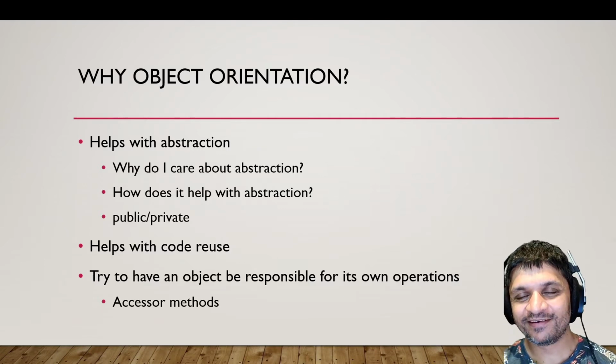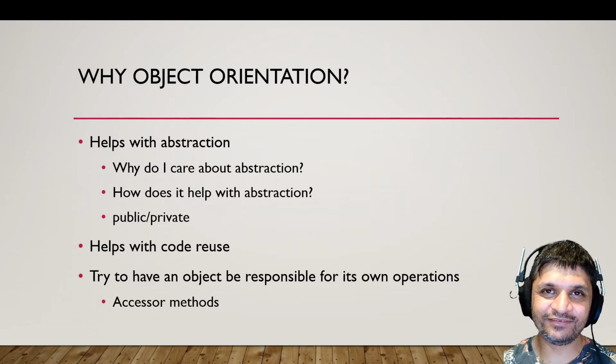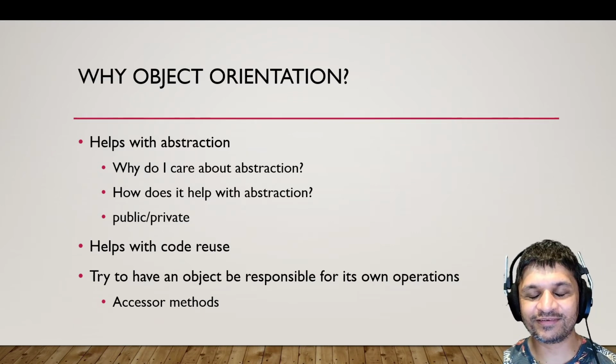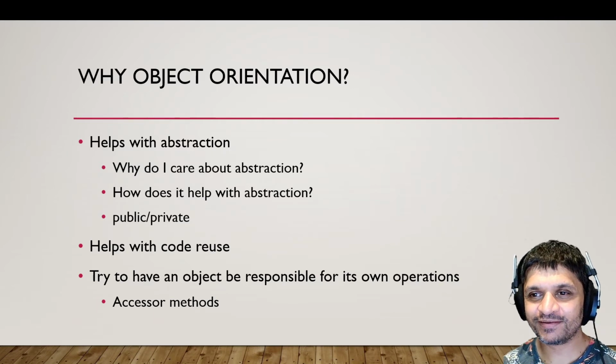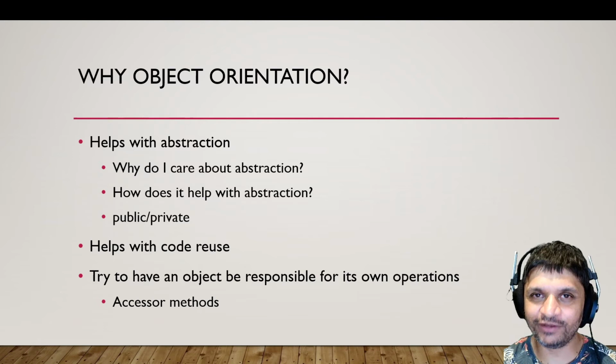Well, that's a very good question. So abstraction is the ability to just forget about stuff, right? I don't want to have to keep every implementation detail of everything in my head. I want to be able to forget about stuff and focus only on the things I need.